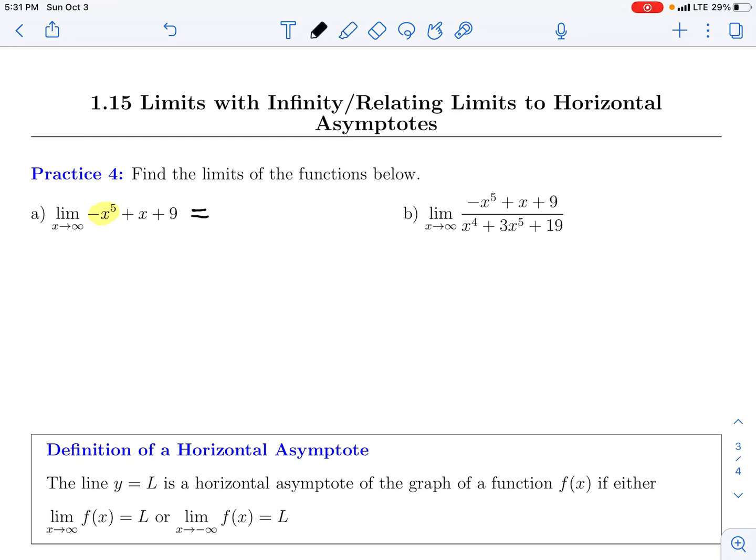So I'm going to draw a rough sketch of the shape of this power function. That doesn't mean that the shape of the power function negative x to the 5th is going to be the same as the entire polynomial negative x to the 5th plus x plus 9. I'm just going to draw the power part so that I can get an idea of the end behavior for this entire polynomial.